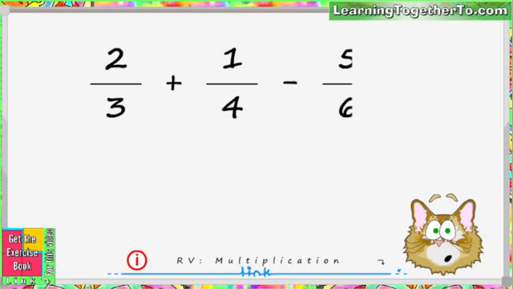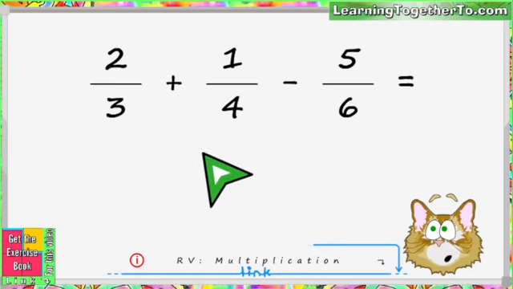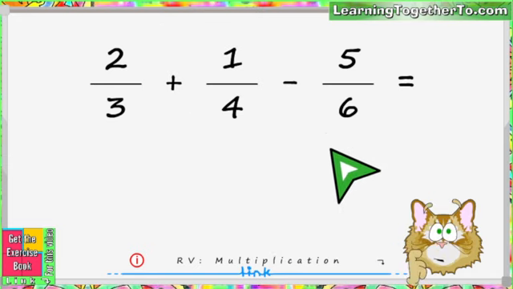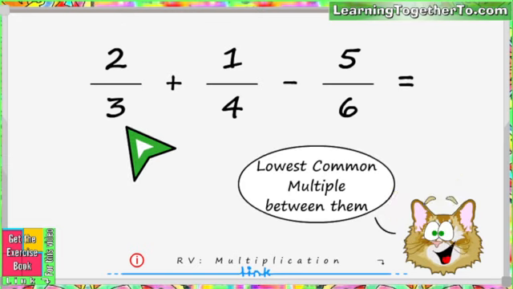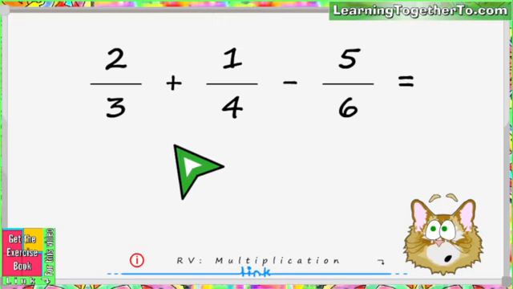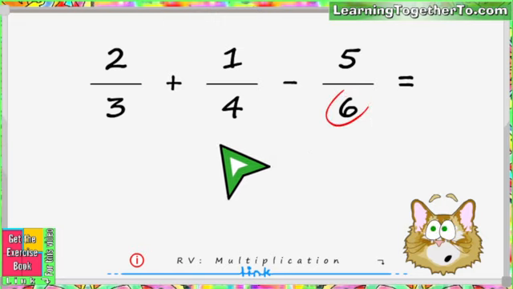2/3 plus 1/4 minus 5/6 is equal to what? The denominators are different. So we need to find the lowest common multiple between them. Nice job, Frank. We know that 6 is a multiple of 3, but not of 4.